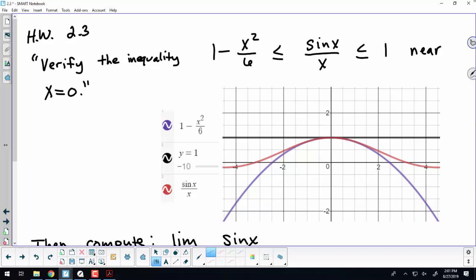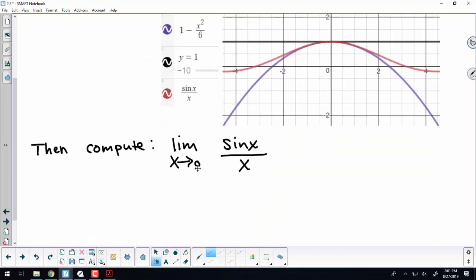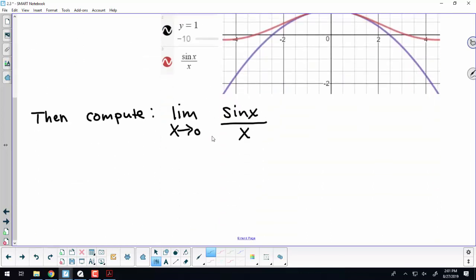But again, on the exam, I would give you this inequality, for instance, and then I would say, based off of this inequality, what is the limit as x approaches 0 of sine x over x? So I give you the inequality, then I ask you what this limit is.